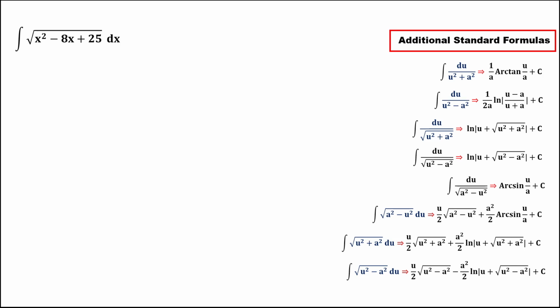So for this problem, to evaluate the integral of this quadratic equation using the standard formulas, first, by completing the square, we need to have two equal factors from these first two terms. To write the factors for x squared, this is x times x.